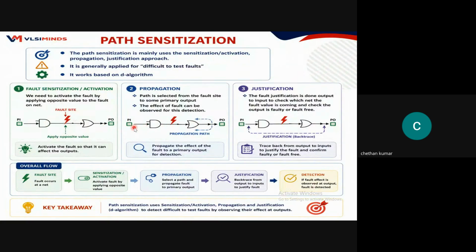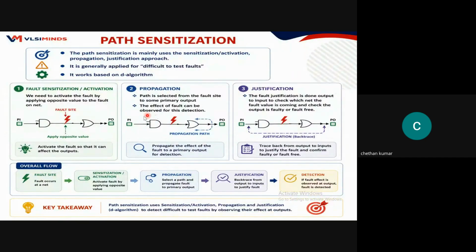I applied 1, and that 1 has not come here. For this 0 to propagate, I should apply 1 here. If I apply 0 again, there is no use. If I apply 1, 1, actually you should get an output of 1, but I am getting 0. That means the fault is propagating. Are you getting my point?